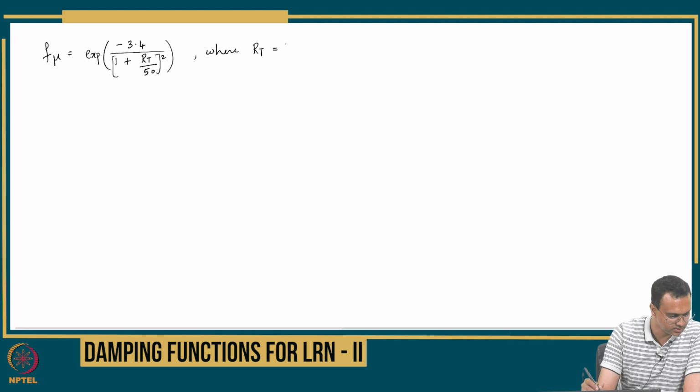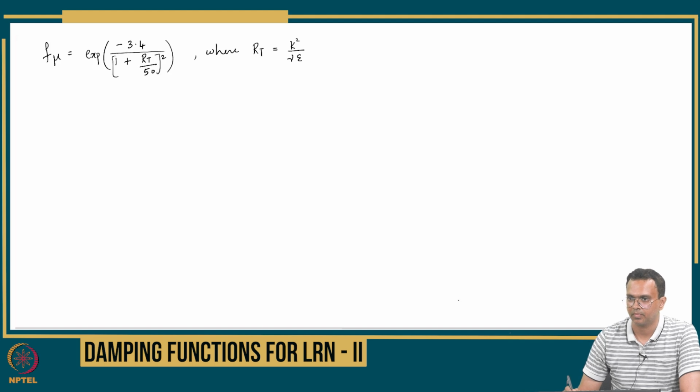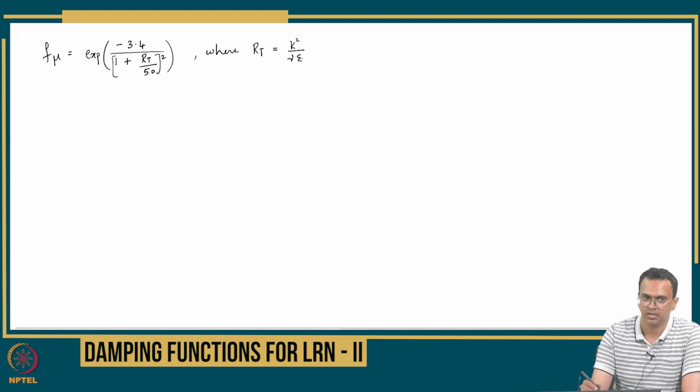RT is computed as k square by nu epsilon. So dimensionally, this is the only term that is introducing a parameter, so it will be non-dimensional. RT is non-dimensional, easy to see. K is meter square by second square, so the square of that is meter raised to 4 by second raised to 4. Nu is meter square per second, epsilon is meter square by second cube.